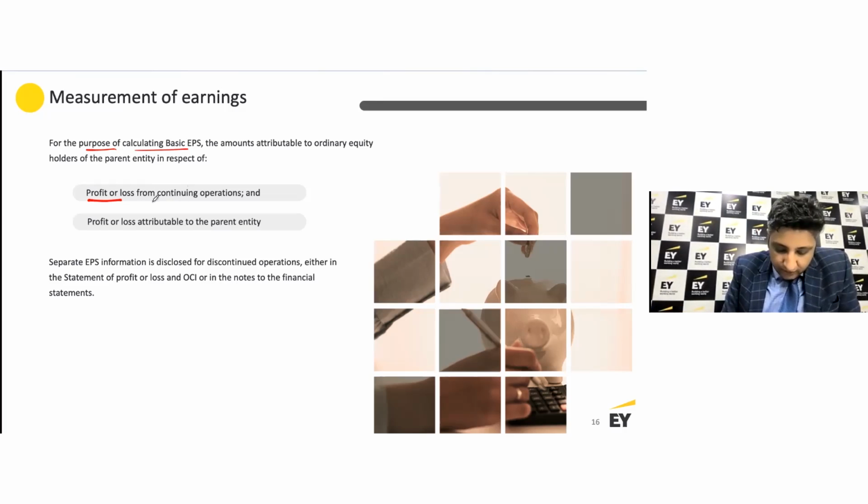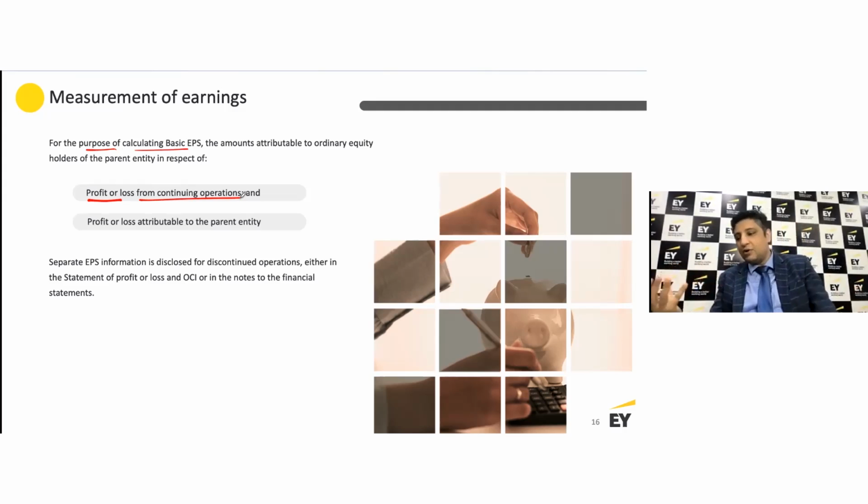It would include the profit or loss from continuing operations. We exclude any profit that an entity makes from the discontinued operations. Why would we want to do that? Because that profit is unlikely to be available in future.